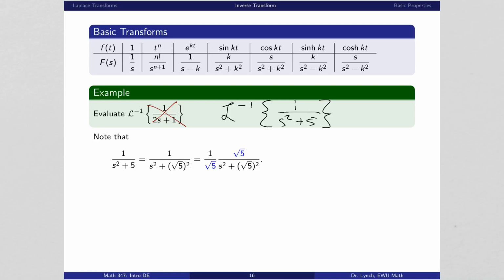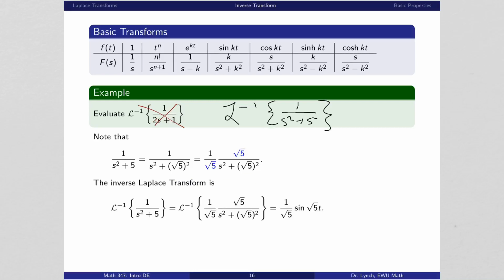So we can manipulate this to look exactly like the transform of a sine function times a constant, multiplying and dividing by the square root of 5, just so long as we recognize the square root of 5 as being k in this example. Using linearity, the inverse transform of 1 over s squared plus 5 is 1 over the square root of 5 times the sine of square root 5 t.